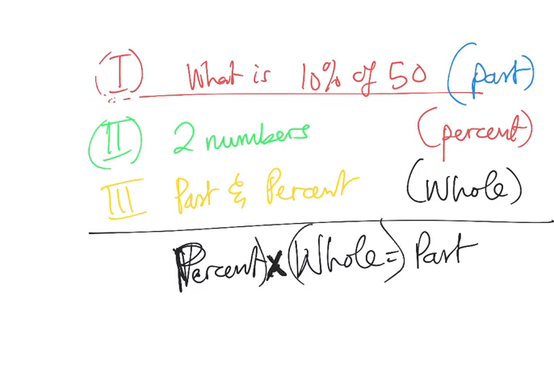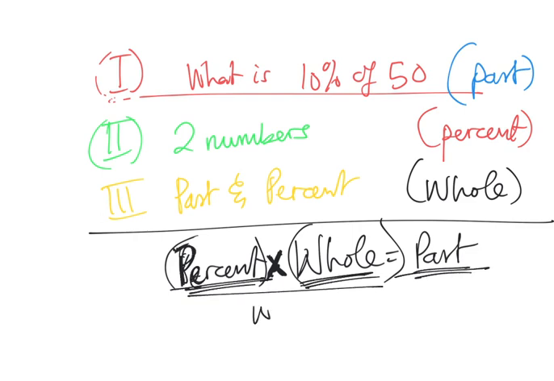So percent times whole is equal to part. If you remember this and you remember one-step equations, whenever we're solving for percents, we basically divide both sides by the whole, right? Let's write this out: percent times whole is equal to part.